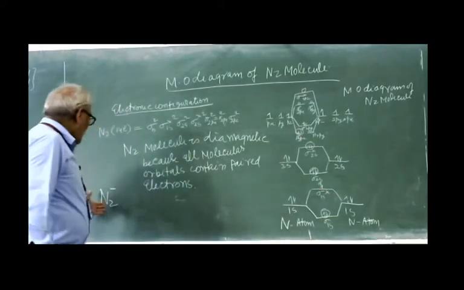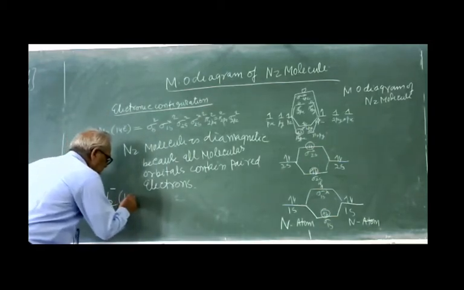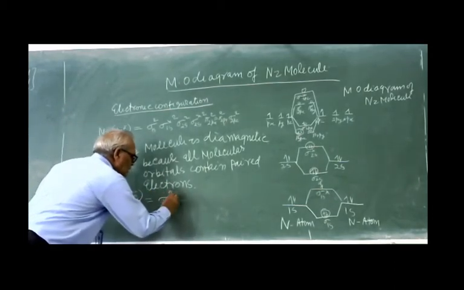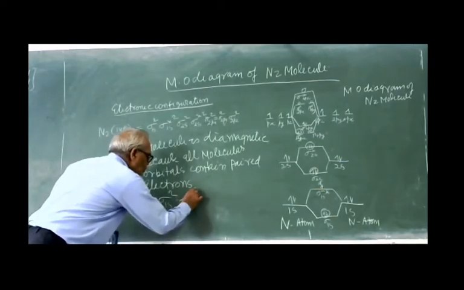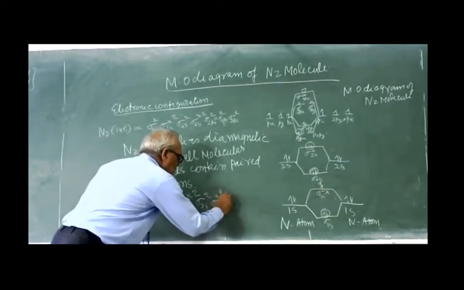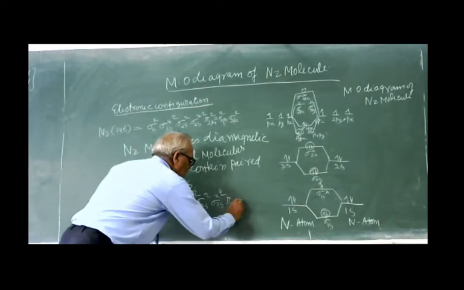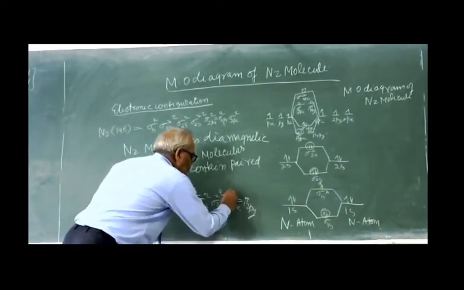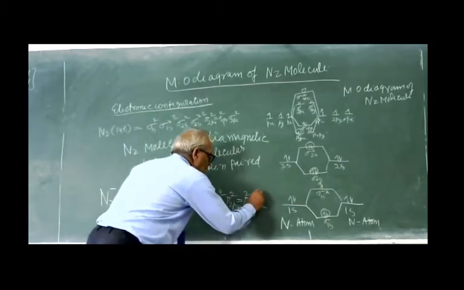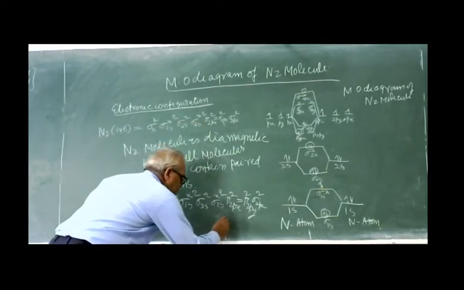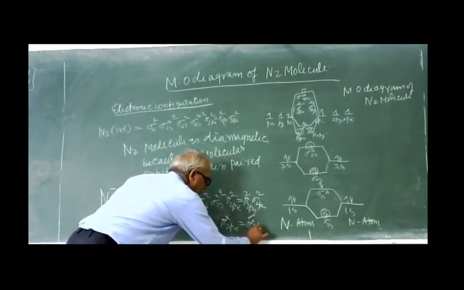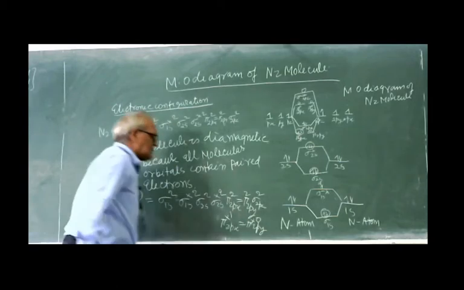For this molecule ion, there are 15 electrons, and they are distributed as sigma 1s2, sigma star 1s2, sigma 2s2, sigma star 2s2, pi 2px equal to pi 2py 2, and sigma 2pz 2 electrons, and pi star 2px equal to pi star 2py 1 electron and 0 electron.